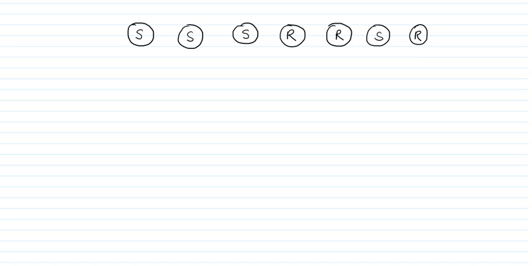So each of these is a sequence of days. So this is day 1 and day 2, day 3, day 4, day 5, day 6, day 7.